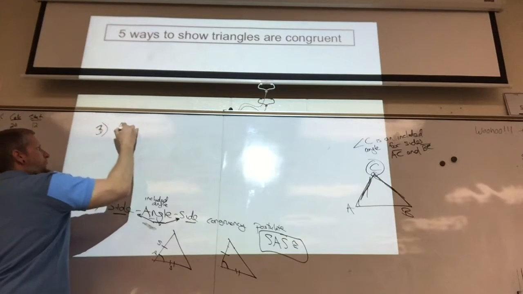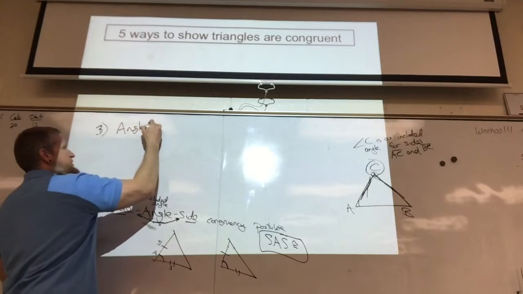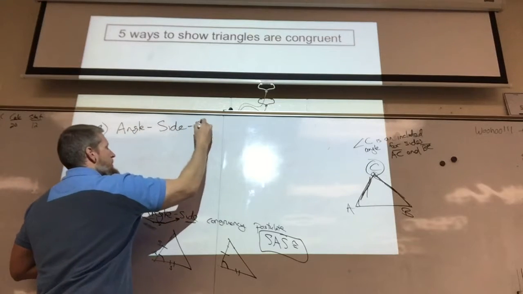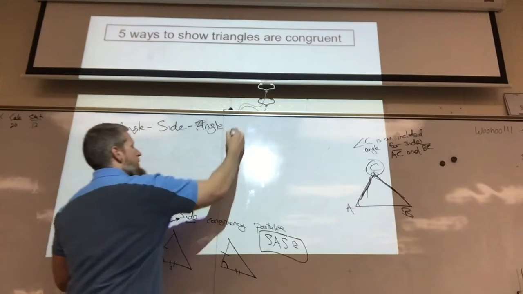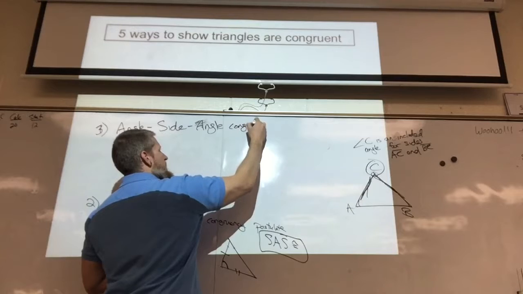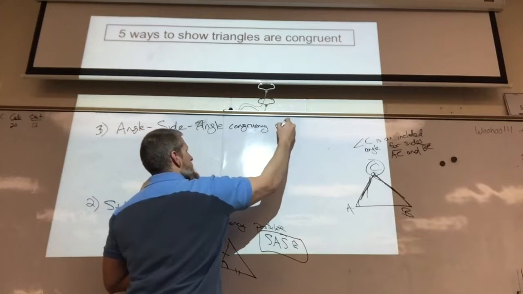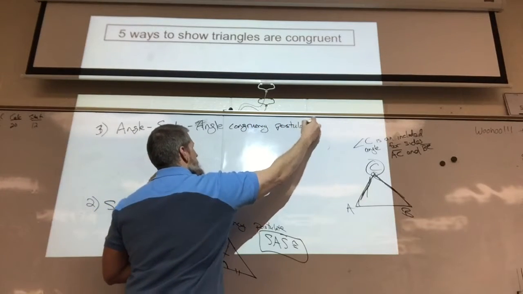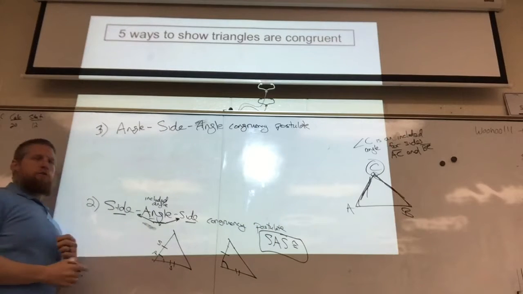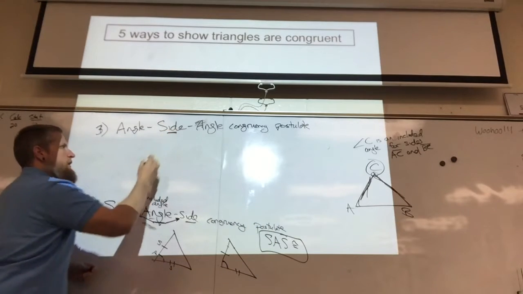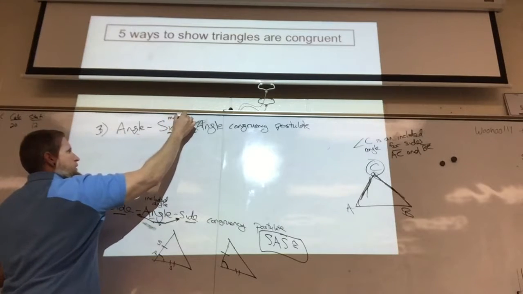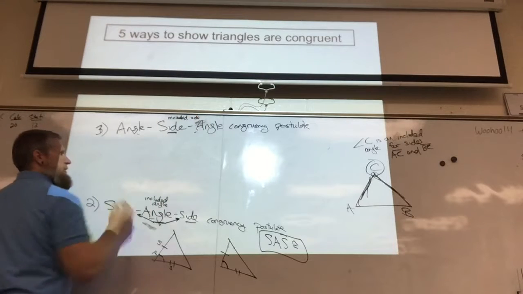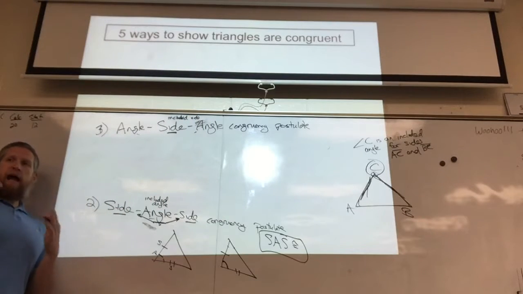Your third way, we'll do the included one first, is angle, side, angle. This side here is stuck in between the two angles, so it's considered an included side. Included just means it has to be connected to both those things at the same time.